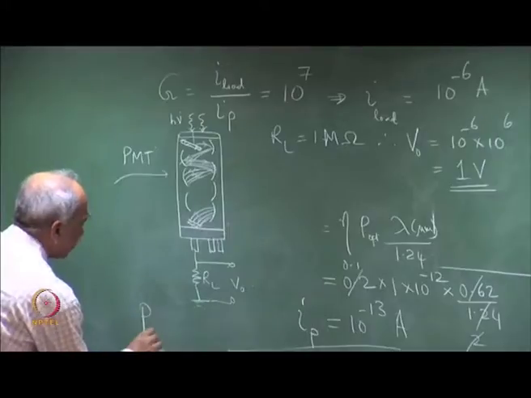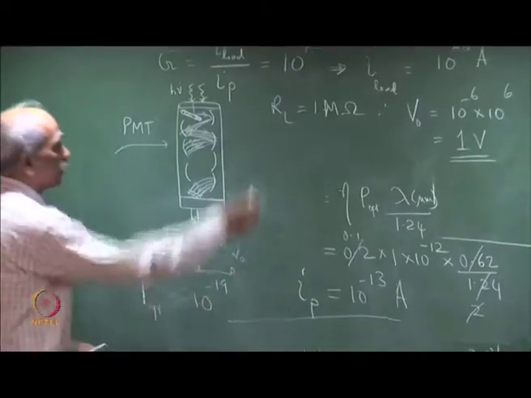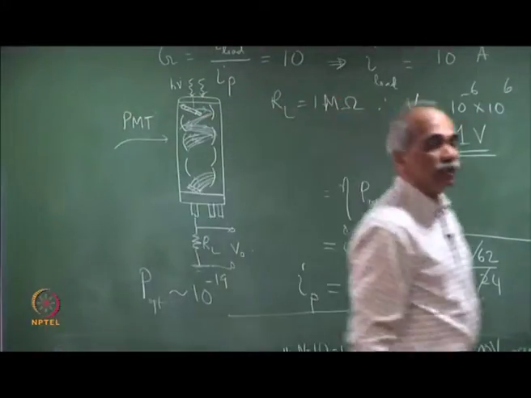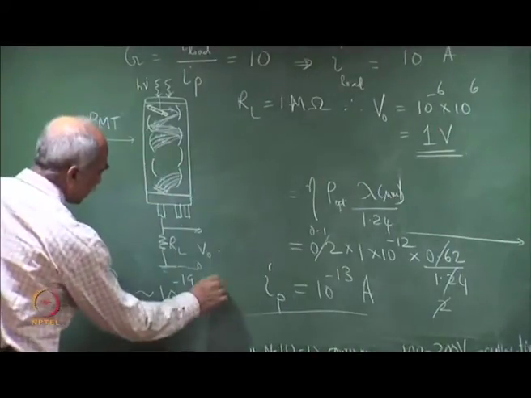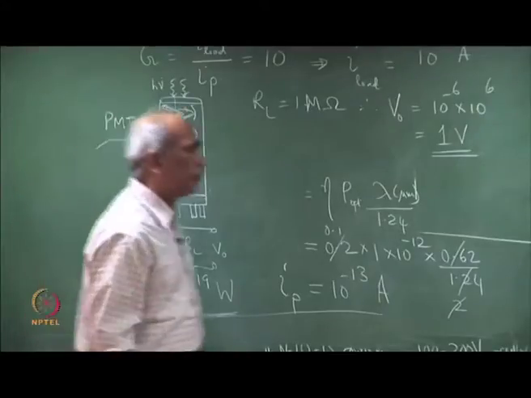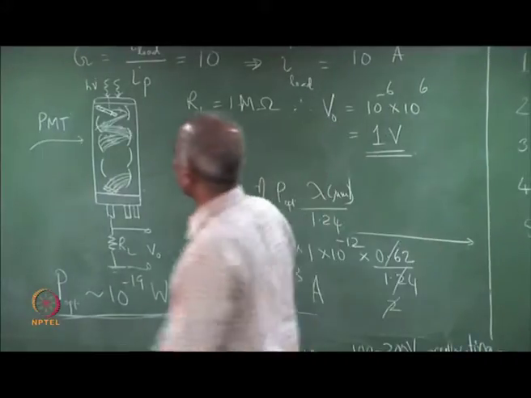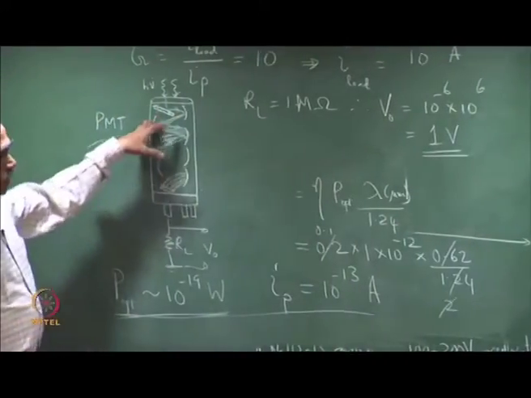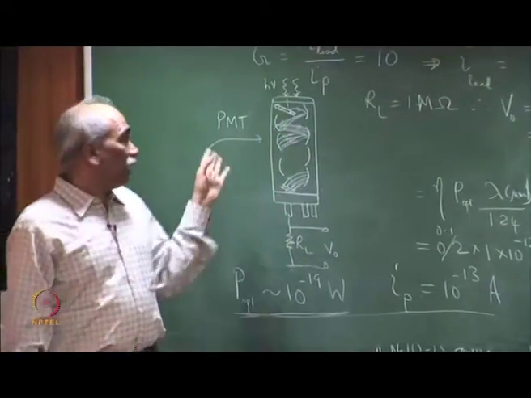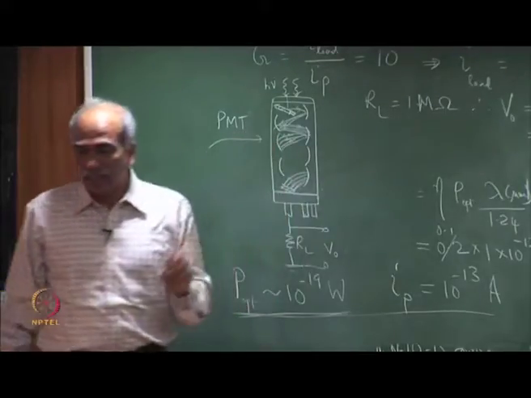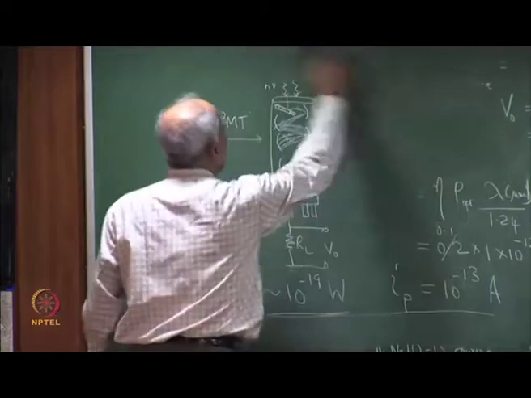I mentioned output power of the order of 10 power minus 19 watts. This calculation was for 1 picowatt, 10 power minus 12 watt, and one can detect powers as low as 10 power minus 19 watts using a PMT. It is a very sensitive detector, but as I mentioned, the primary limitation of the photomultiplier tube is finding materials for the photocathode which can respond to infrared radiation.